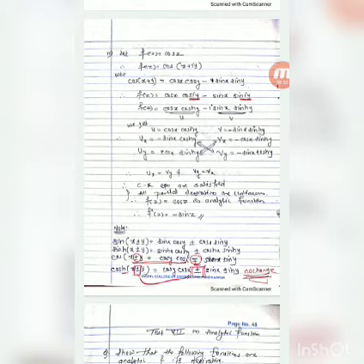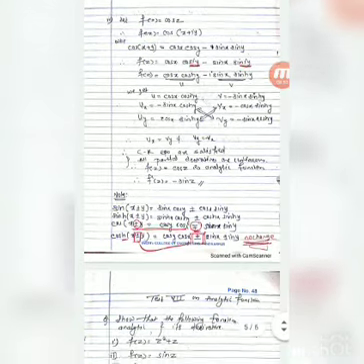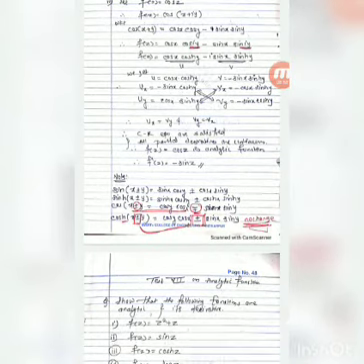Note the formula: sin of x plus or minus y is nothing but sin x cos y plus or minus cos x sin y. Sinh of x plus iy uses the same formula, no change. But for cos of x plus iy, for plus the middle sign will be minus, and for minus the middle sign will be plus.